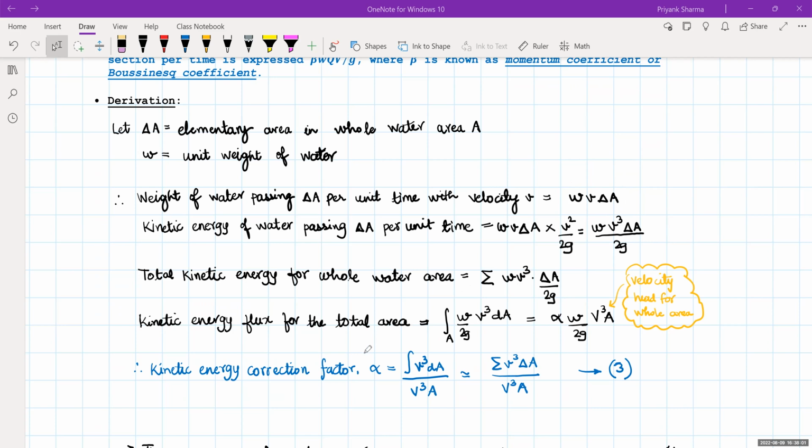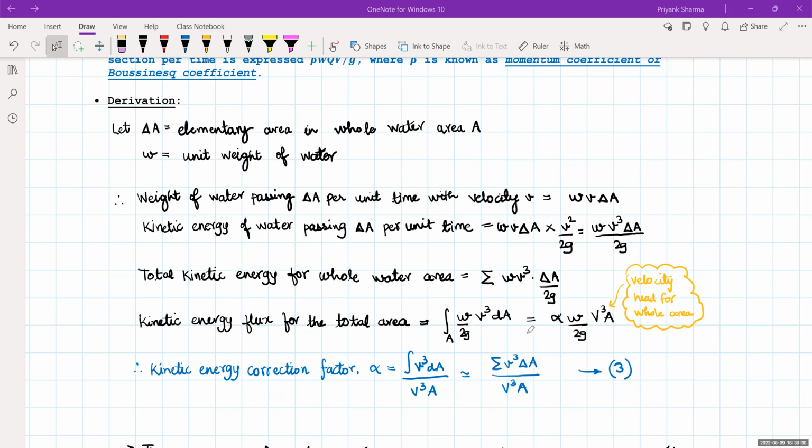If you want to compute the kinetic energy flux for the total area, we can equate it to the velocity head for the whole area. So this kinetic energy flux, the integral over A of W by 2g V cube dA, is equated to alpha W by 2g, where capital V is the mean velocity, V cube A.